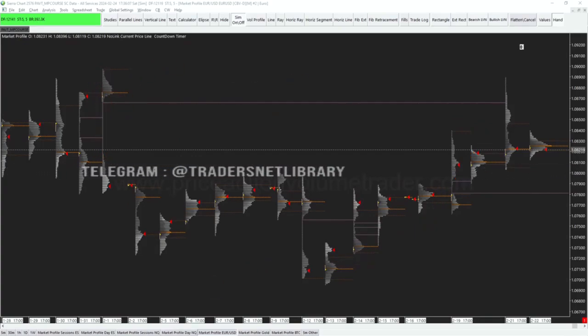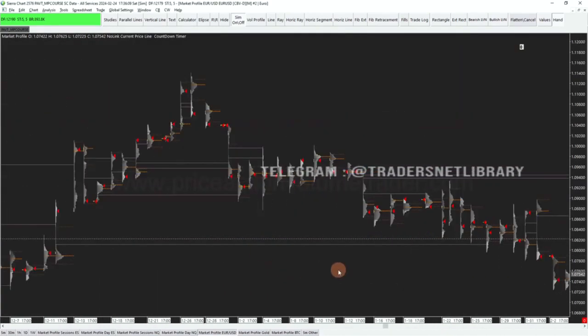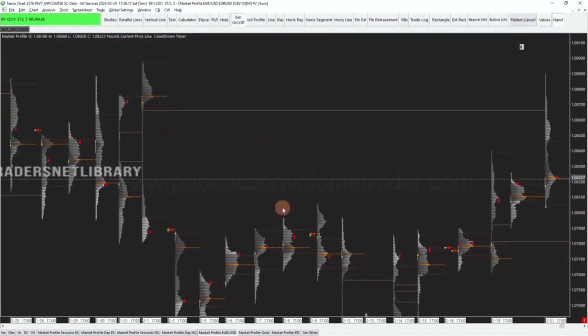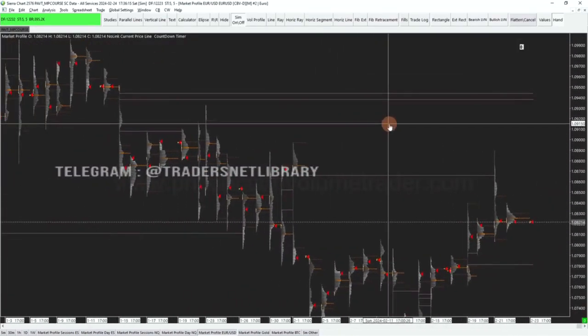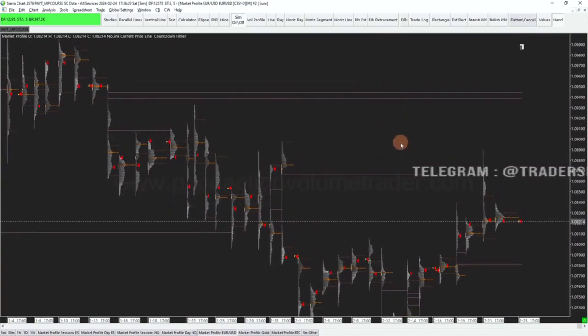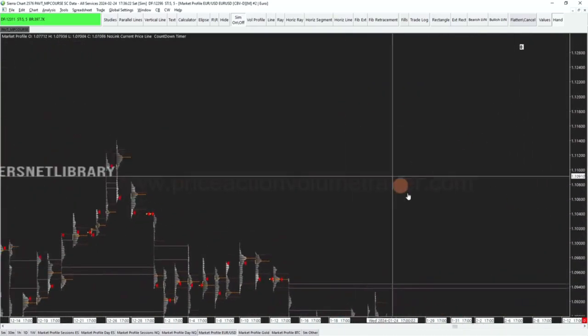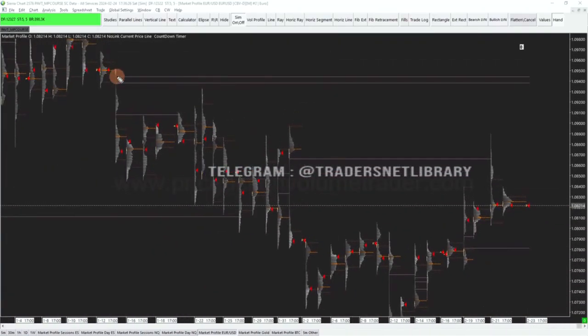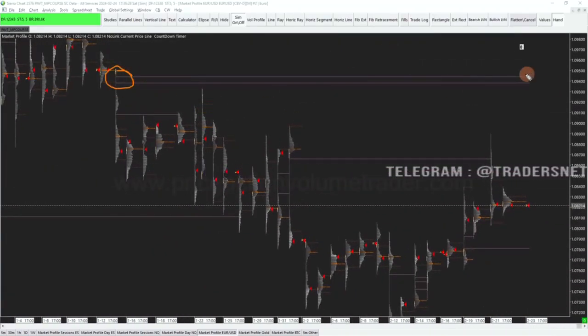But let's just go back here, and you can see how there are some levels where we're not necessarily going to get a fill right away. For example, if I look up on this chart, I can see that we still have these two singles up here that remain untouched.